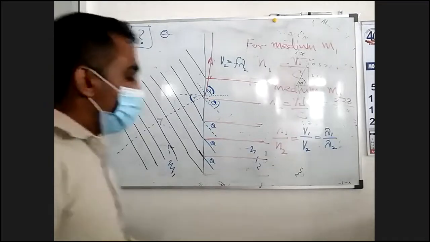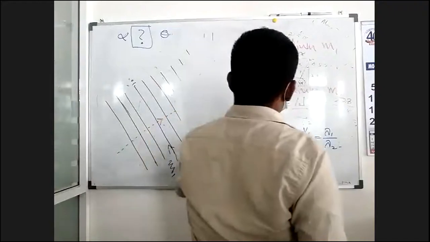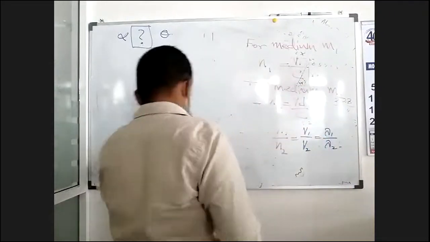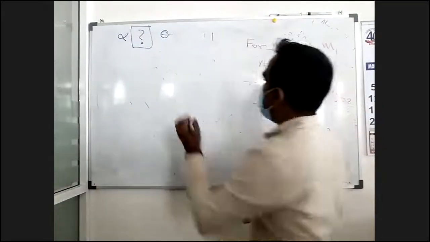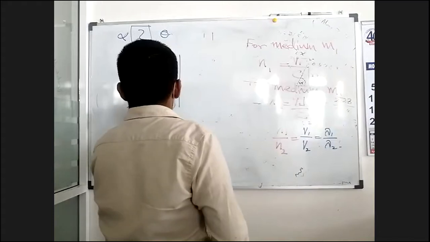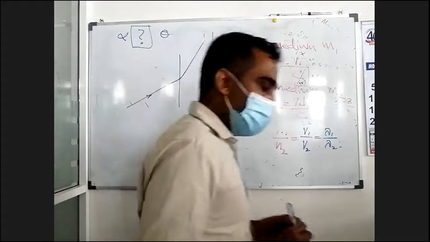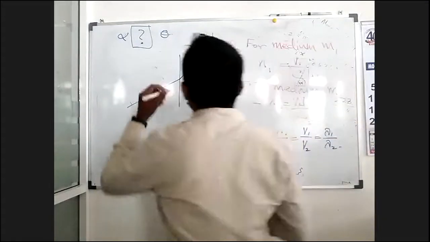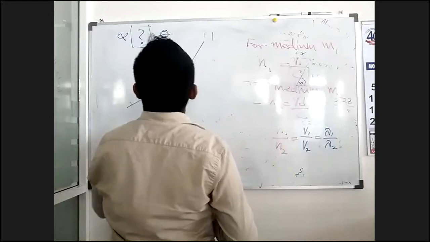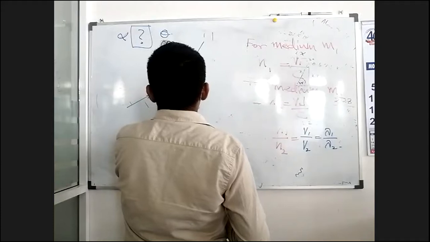So I will draw it exaggeratedly at the point of refraction. This is the medium interface. This is our incident radiation. This is our refracted radiation. And here we can draw a perpendicular line. Here also we can draw a perpendicular line.